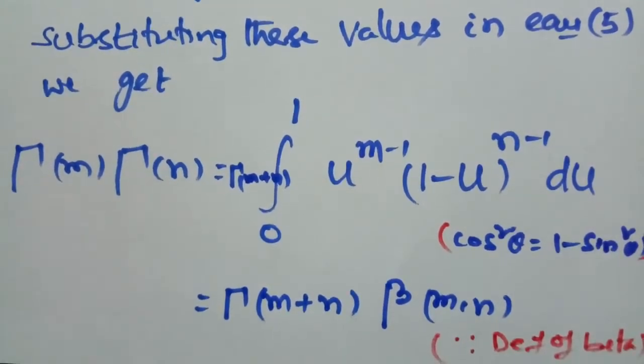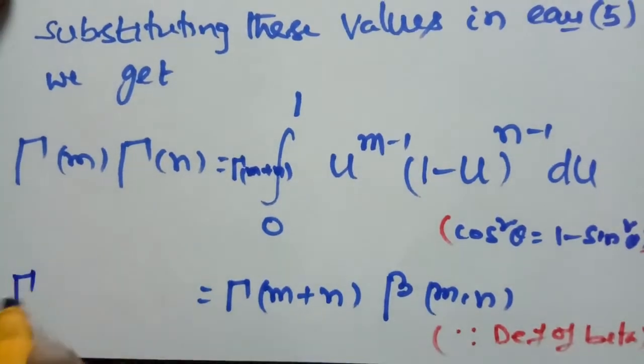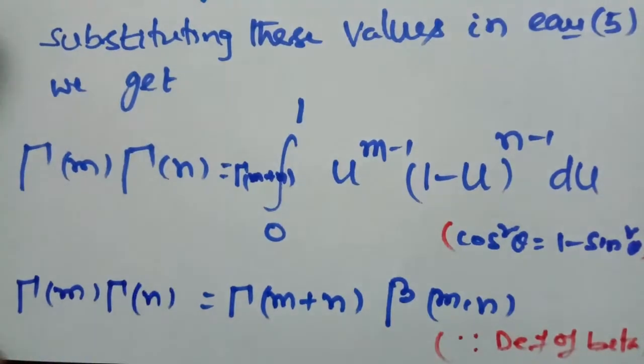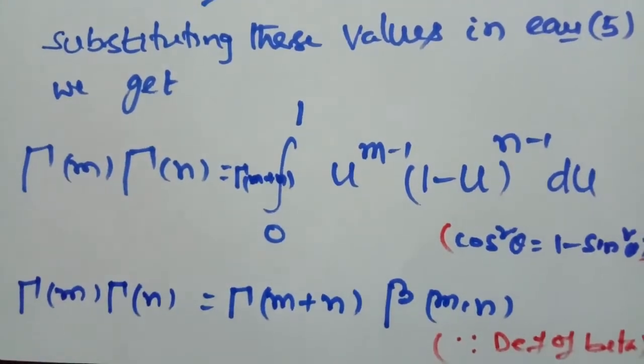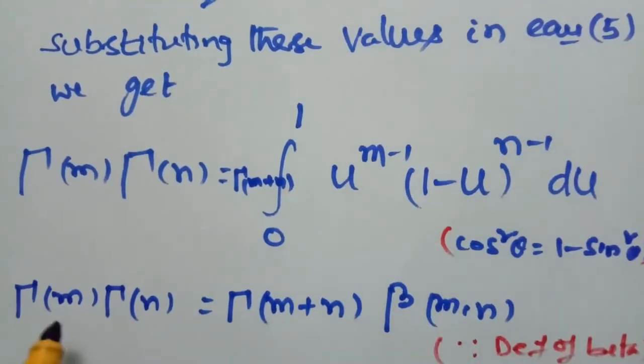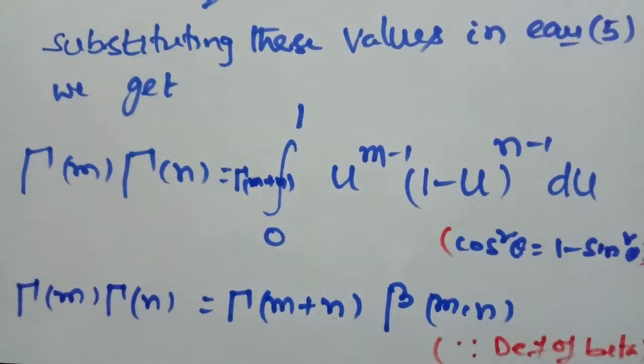Therefore gamma m into gamma n is equal to gamma m plus n into beta m comma n. Therefore by cross multiplication, beta m comma n is equal to gamma m into gamma n by gamma m plus n.